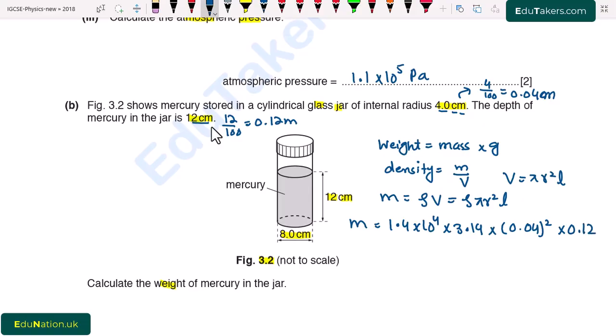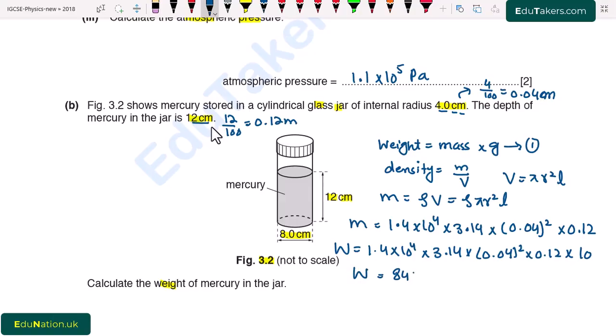This is the value of mass and we have to put this value into the equation of weight, so that weight becomes 1.4 into 10 to the power 4 multiply 3.14 and 0.04 square multiply by 0.12 and value of g is 10 meter per second square, so the value of weight comes to be 84 Newton.